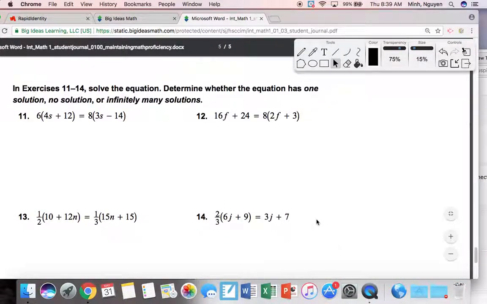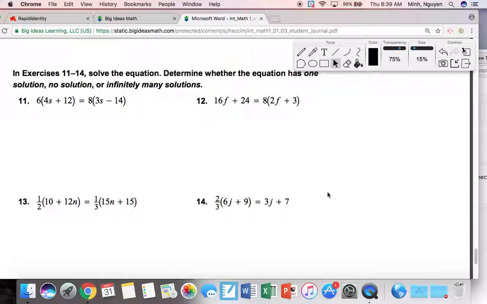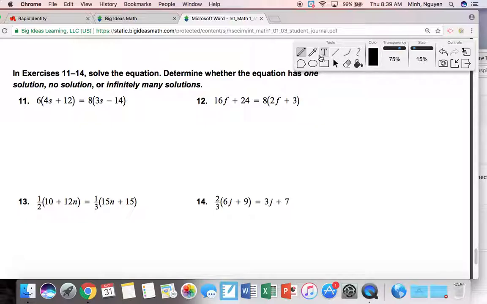So we're closing in on the end here. I will do a couple of these. So again, a reminder that when you have an identity, like 5 equals 5 or negative 10 equals negative 10, something equal to itself, then that's an infinite number of solutions.